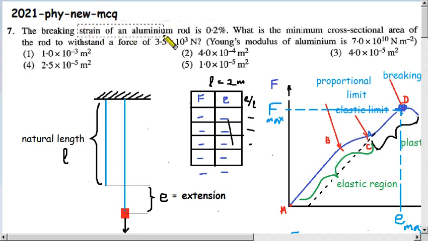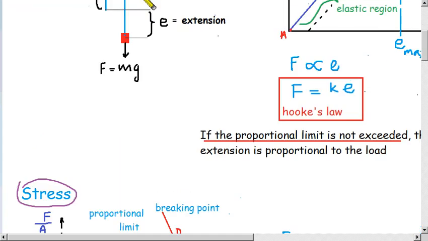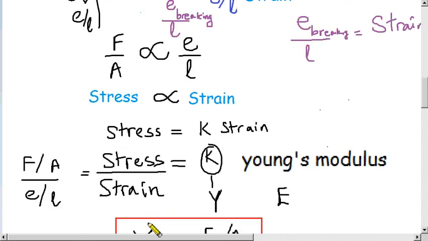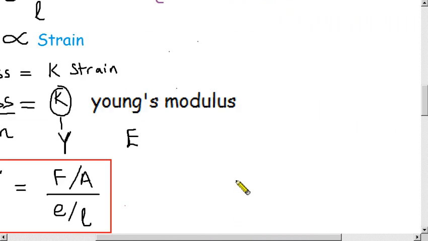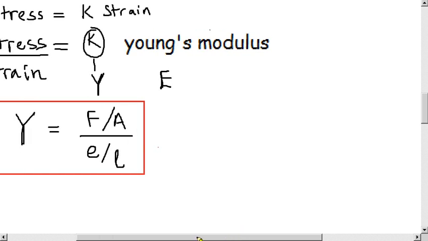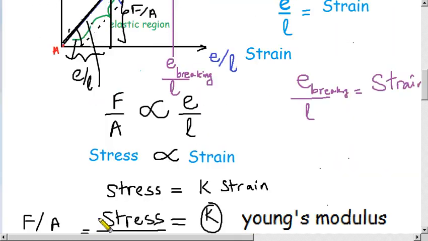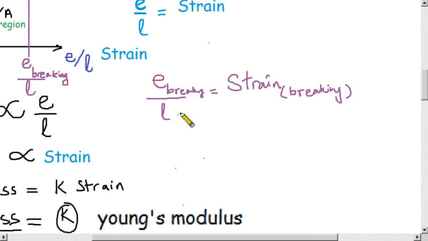So they have given in this question one of those values, the breaking strain of aluminium is 0.2%. So that means this value, E breaking divided by L, is equal to 0.2%.